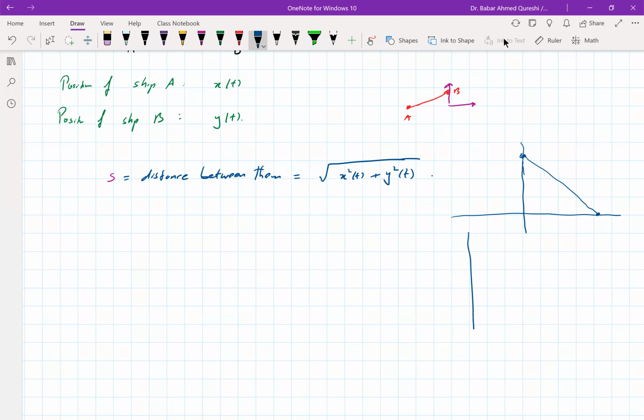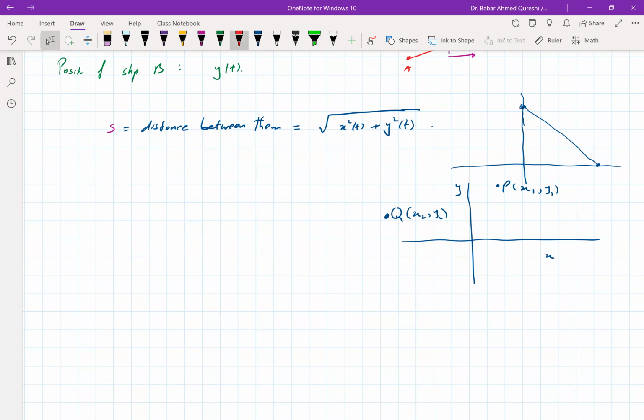Well, let's take it more generally. This is the x-axis, this is the y-axis. You have a point P. Its coordinates are x1, y1. And you have a point Q, any arbitrary point Q. Its coordinates are x2, y2.